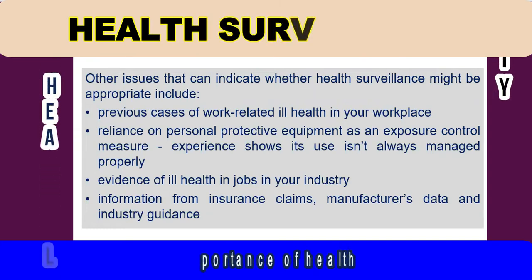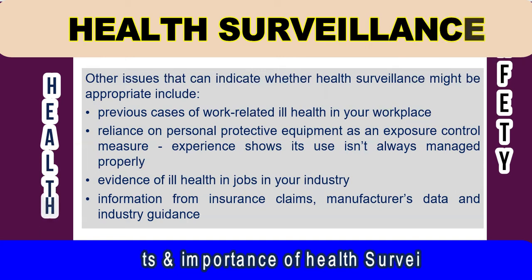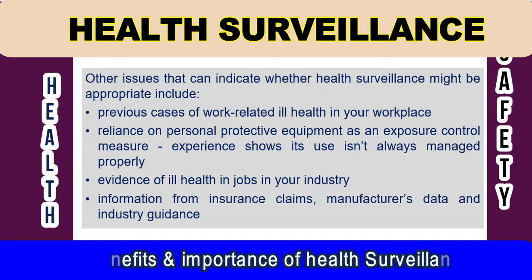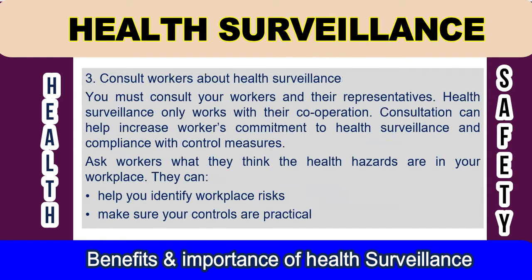Number three, evidence of ill health in jobs in your industry. Number four, information from insurance claims, manufacturers' data, and industry guidance standards. These are the different ways you can assess and manage risk in your workplace.